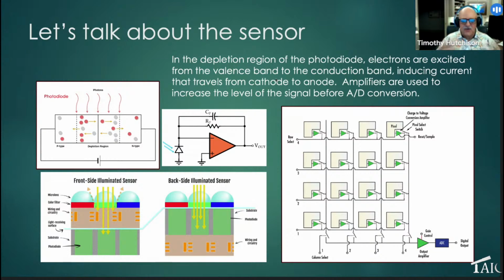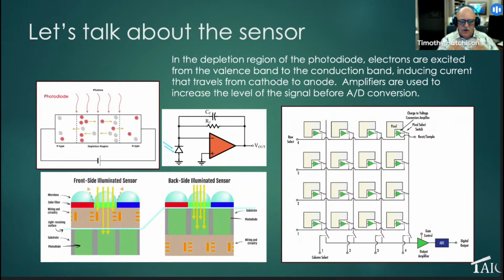Okay, and the first thing that we need to understand is that our sensor is made up of something called a photodiode. Now, for the electrical engineers out there in the room, a photodiode is a PN junction. That's a piece of silicon that has what's called a depletion region in the middle that reacts to photons. The rest of us don't care. The only thing that we care about is that when photons impact this photodiode, they cause the electrons in this thing called a depletion region to become excited.